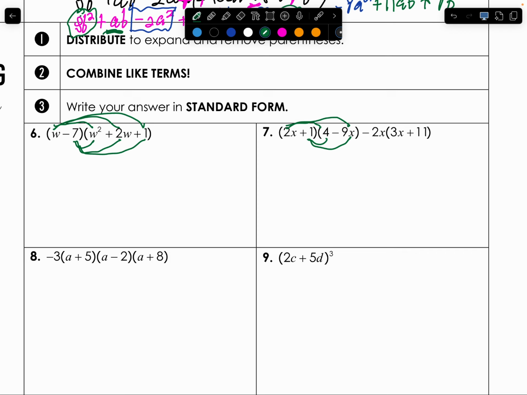So let's make it look a little nicer. 2x times 4 is 8x. 2 times 9, negative 18x squared, plus 4. 1 times 4. And 1 times 9, negative 9, is negative 9x.